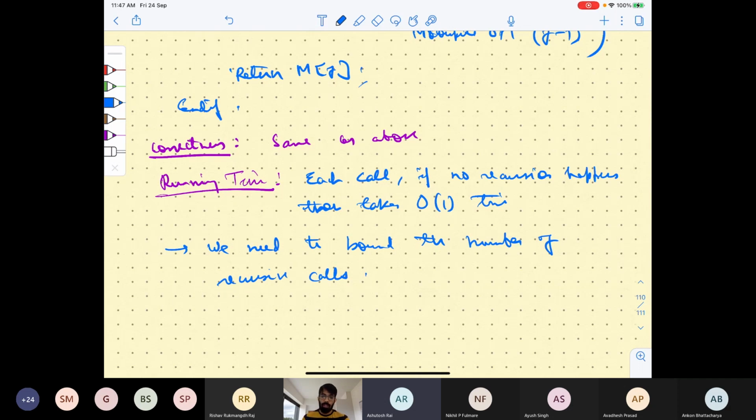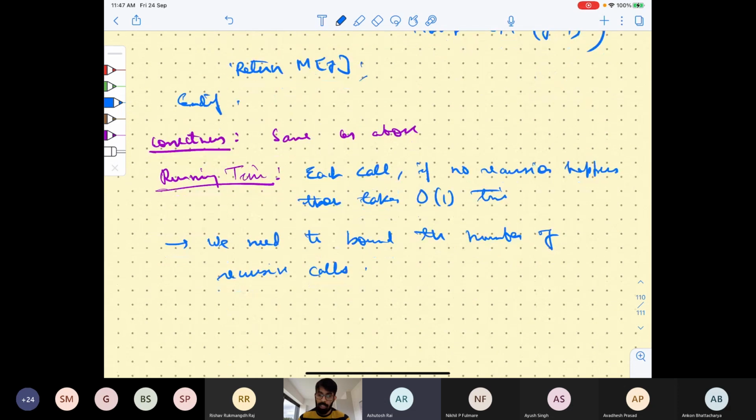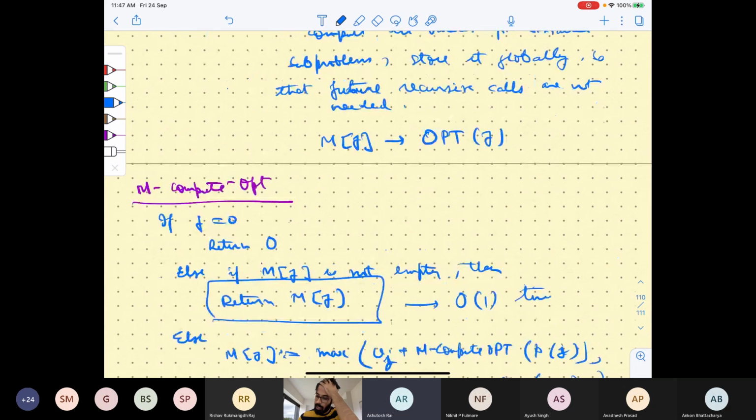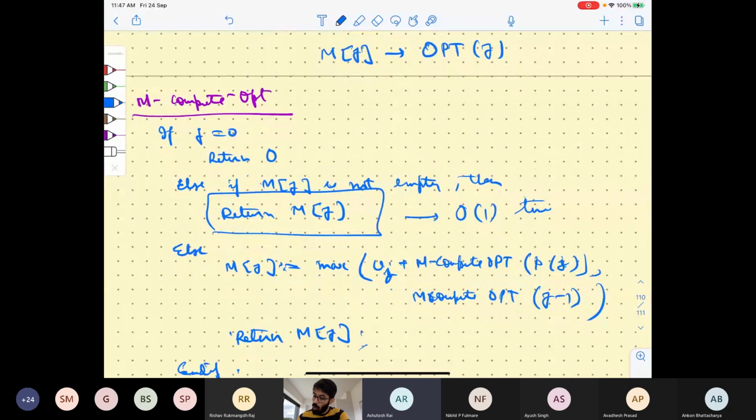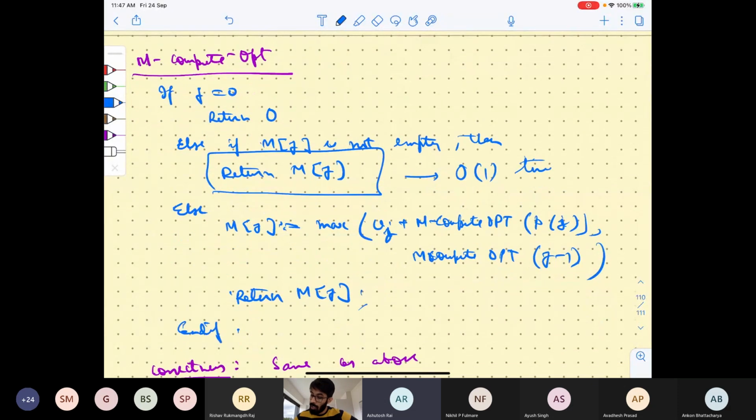It's not very apparent that we can directly bound. But still, can somebody suggest something? How here we can bound the number of recursive calls that are happening in this algorithm?